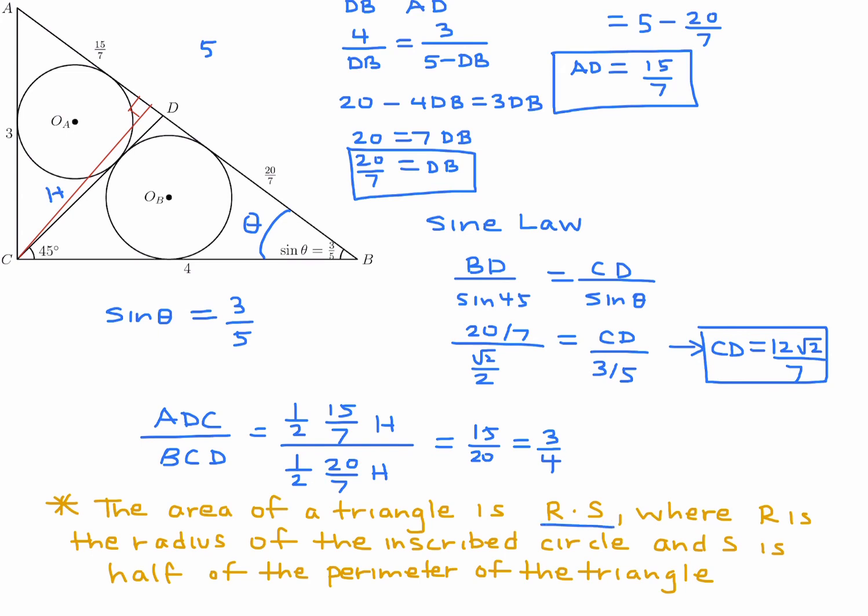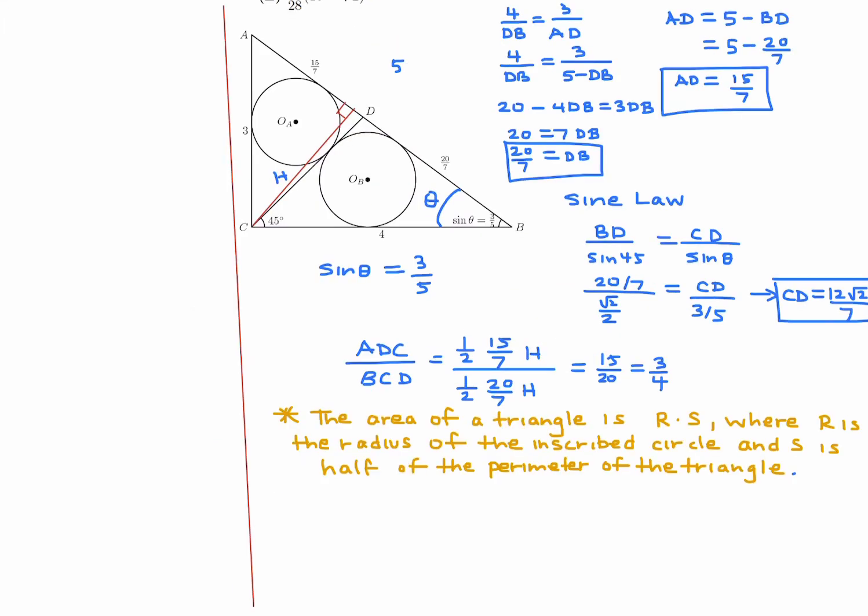The area of a triangle is r times s, where r is the radius of the inscribed circle and s is half of the perimeter of the triangle. That's a very interesting rule, and that is what we're going to use to figure out what they want us to figure out in the question, which is the ratio of RA to RB, where RA is this radius and RB is this radius.